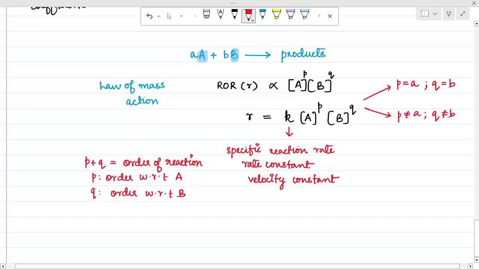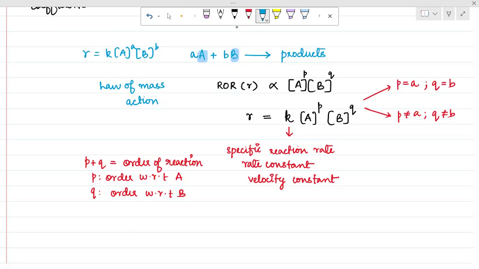Okay. So you have to understand that the powers of the respective reactants can be equal to their stoichiometric coefficients, and at times it may not be. It's not necessary that it is always A to the power a and B to the power b multiplied with rate constant, and this is the rate. No. There are situations where expressions like this also happen.